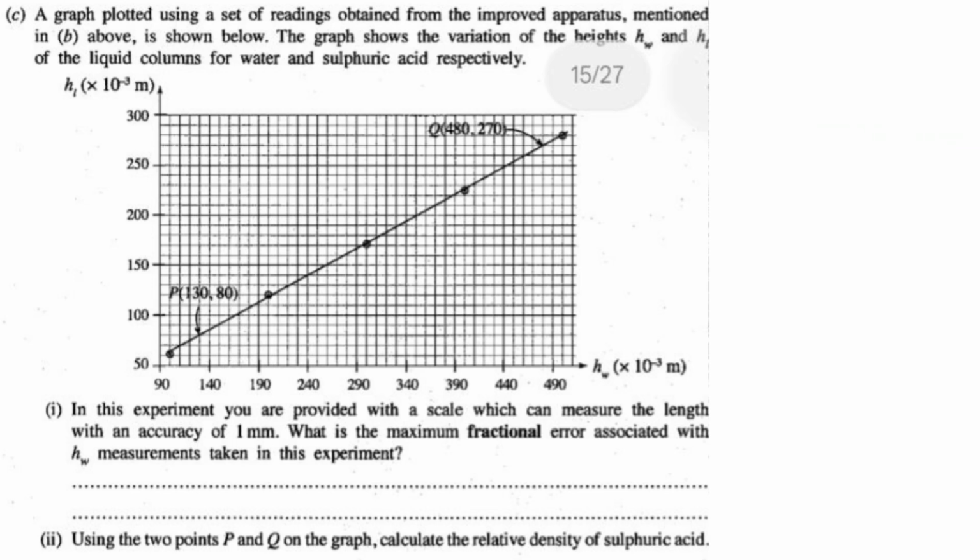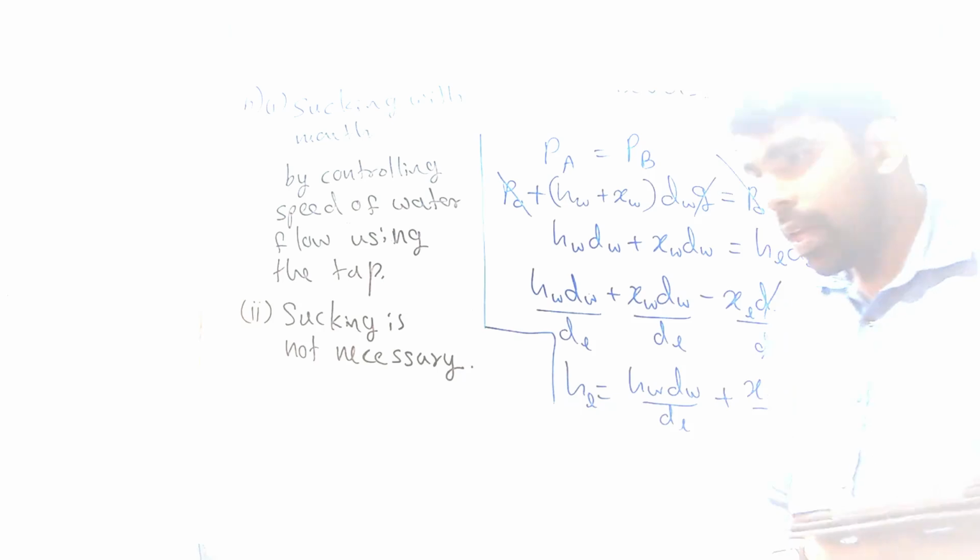In this experiment, you are provided with a scale which can measure length with an accuracy of 1 millimeter. What is the maximum fractional error associated with the HW measurement taken in the experiment?